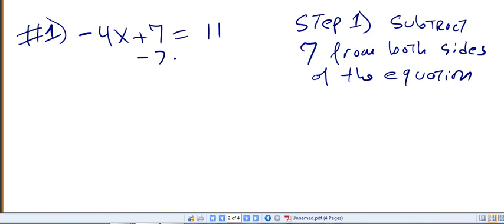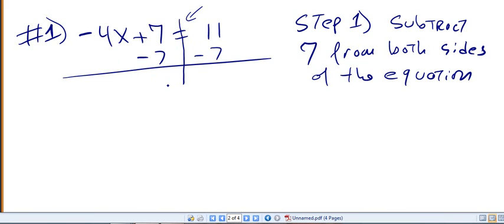So I'm going to subtract 7 here, and subtract 7 here. I'm going to draw a line, and all this line does is remind me to do the same operations on both sides of the equation. If I have a negative 7 here, I need a negative 7 here. So these need to be mirrored images.